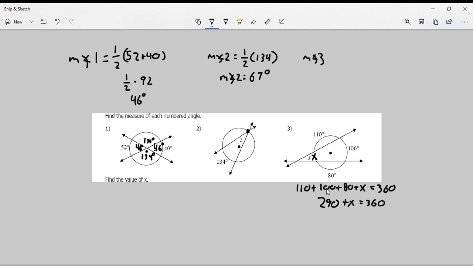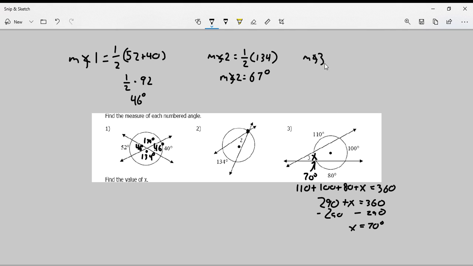Did I get that right? 100, 200, 290. We're going to subtract 290 from both sides. And what are we going to find out? That x is equal to 70 degrees. Okay, so probably not totally drawn to scale, but this in here will be 70 degrees.